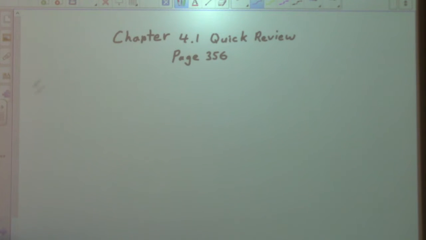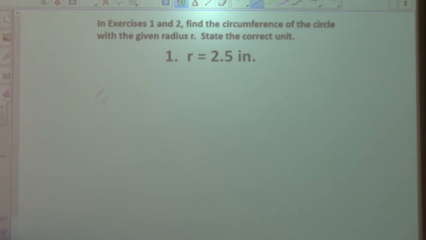All right, so today we're going to be starting on what we call properly categorized as trigonometry. And we're going to be doing some quick review exercises. I'm going to call on some people. What is the equation that you can use to solve number 1 and 2? And 3 and 4, by the way. What is the circumference equal to?